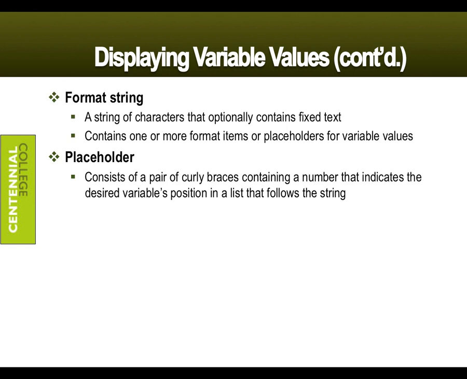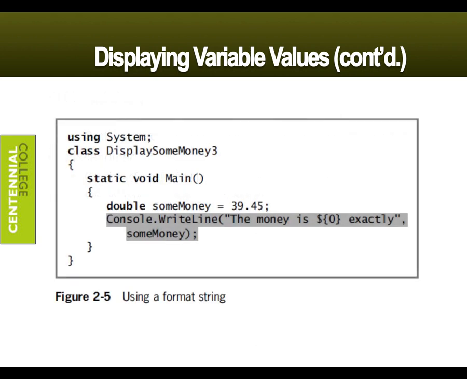I can style my text in a way. So, for example, it says a string of characters that optionally contains fixed text. I can move things around and make it look a certain way by formatting my string. And sometimes I need to use a placeholder to do something called string interpolation. There's a special way that we can substitute a value into a string by using a placeholder. Let's take a look at how this looks.